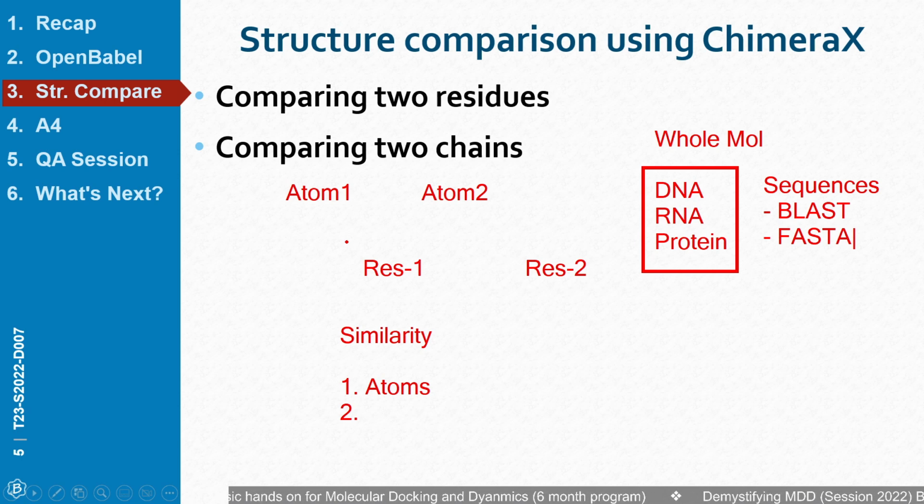FASTA, FASTP are like that, alignment tools. Later we can compare their three-dimensional structure.